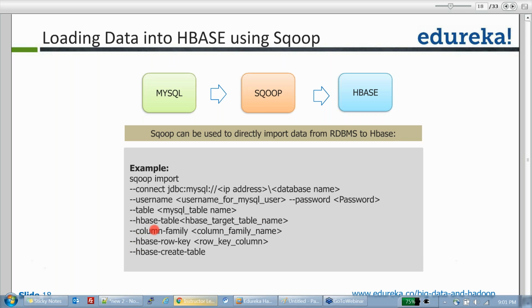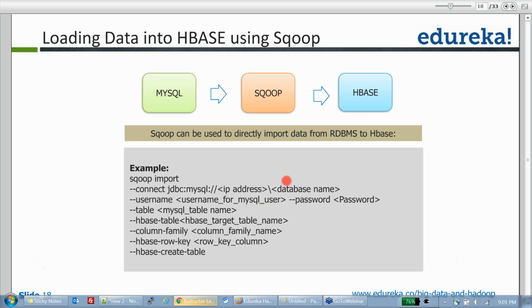If it's an HBase import, you can define the HBase table in this way. These are all the options supported by default by your Sqoop. You can define the column family and row key. If the target HBase table you're defining here does not exist, you can specify the option hbase-create-table.